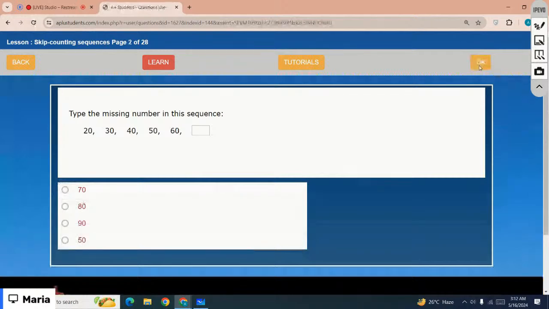Type the missing number in the sequence. So which number is missing? The correct option is yes, the pattern is increasing by 10, so that is 70.